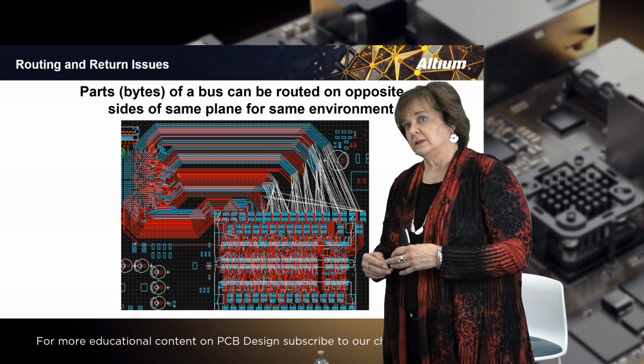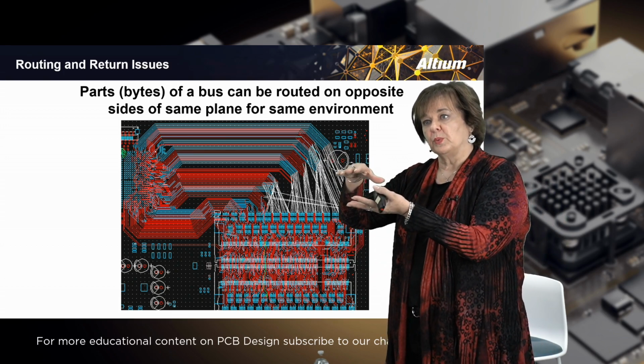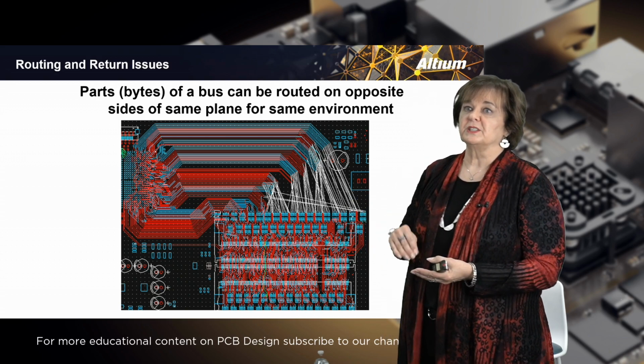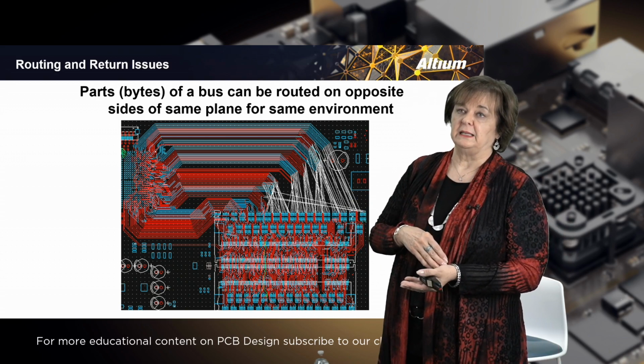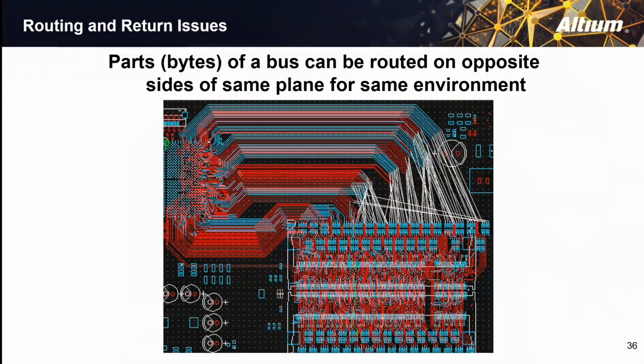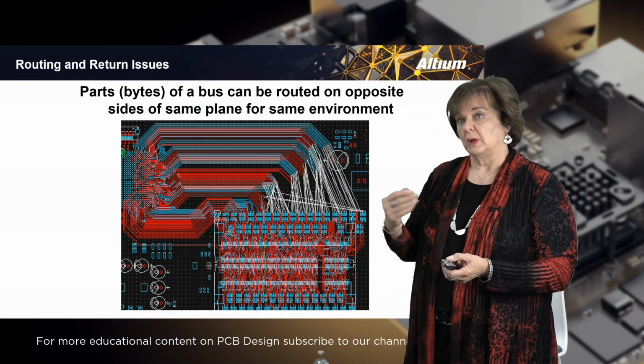If the blue layer and the red layer happen to be on either side of a plane, not throughout the stack up, but on either side of one plane layer, they're both getting the same environment, and they're both returning on the same layer, which will take them back to the source easily. So the best way to route a large major bus is to keep them on opposite sides of the same plane layer. That is one of the things that we do with layer paired routing, and I'll talk about that more in a minute.